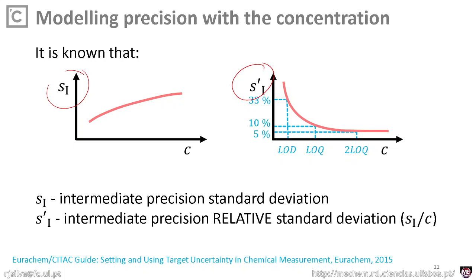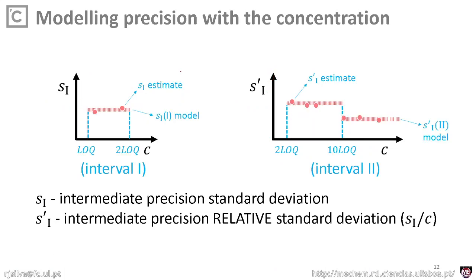So if we take that information into consideration, we can take all available estimates of the intermediate precision standard deviation in the narrow interval LOD to LOQ, LOQ to 2LOQ. You can change this to LOD if you want.